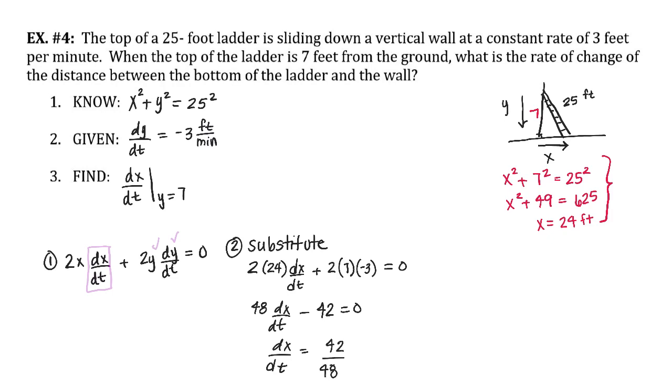If this was free response, you could leave it, but it's probably going to be a reduced multiple choice. So what can we take out of both of those to reduce them? Looks like we can divide out a 6. So we're going to have 7 over 8, and our units would be feet per minute.